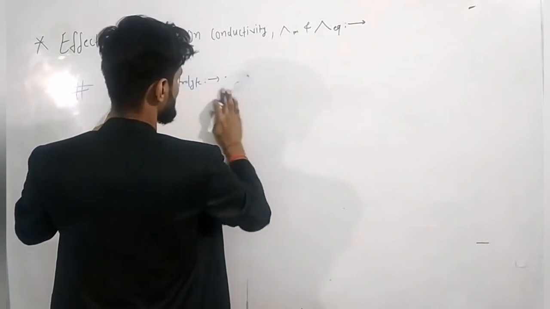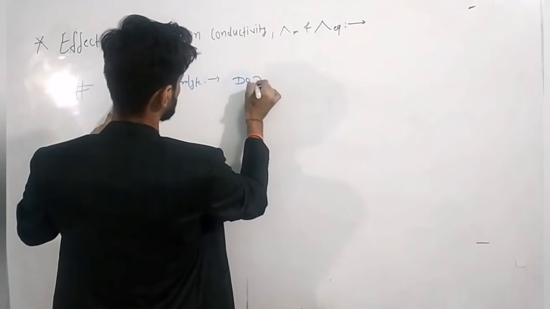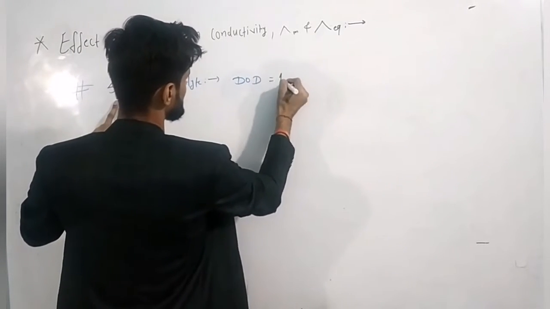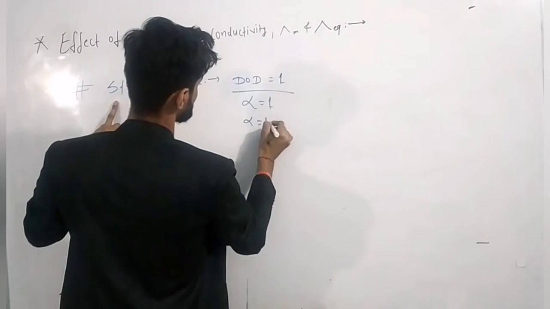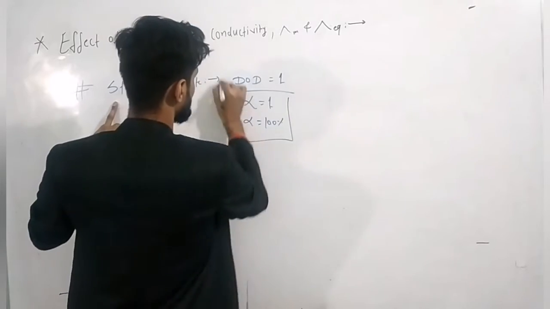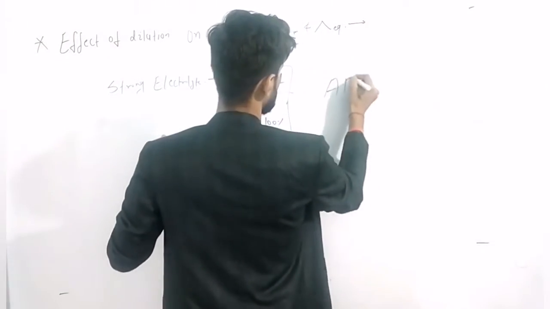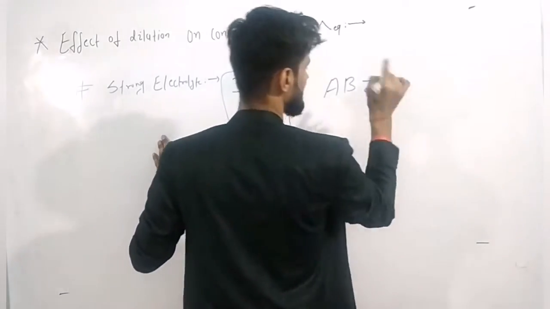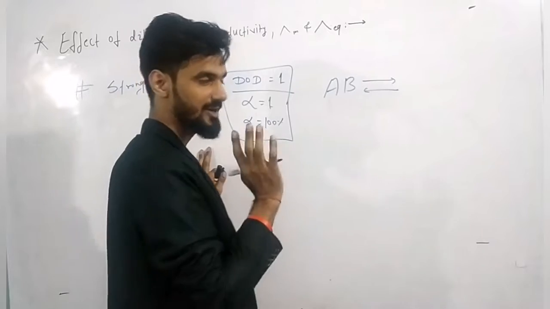For a strong electrolyte, the degree of dissociation alpha equals 1, or you can say alpha is 100%, meaning the degree of dissociation tends to 100% or 1. Just like, if AB is a strong electrolyte, it is going to dissociate after passing electricity; without passing electricity it is not going to dissociate.